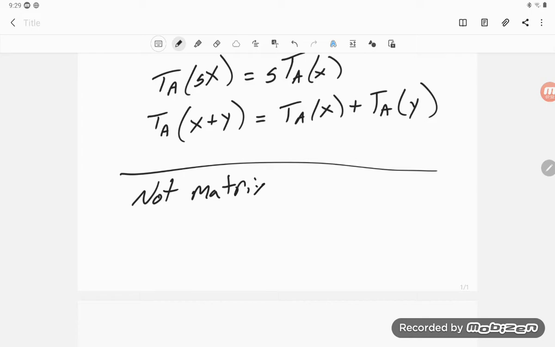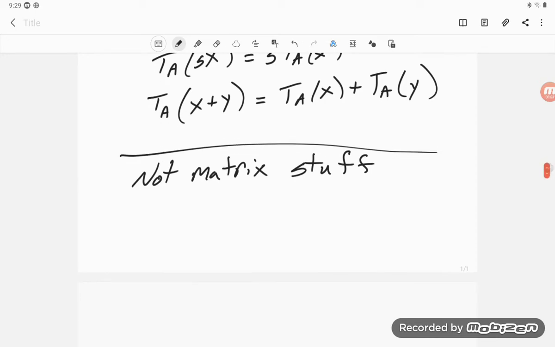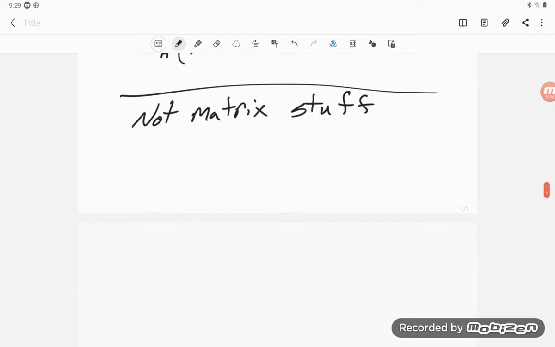I'll just show this one example to show that this is way bigger than the matrices, but the nifty thing is that all these linear transformations actually can be represented by matrices. So that's one good reason to spend a lot of time on what we call finite vector spaces. Okay, so we can represent those by matrices.